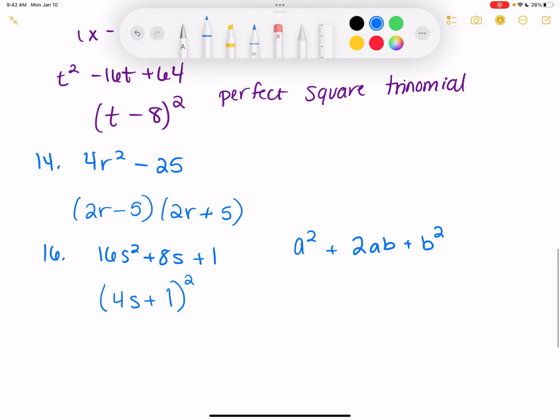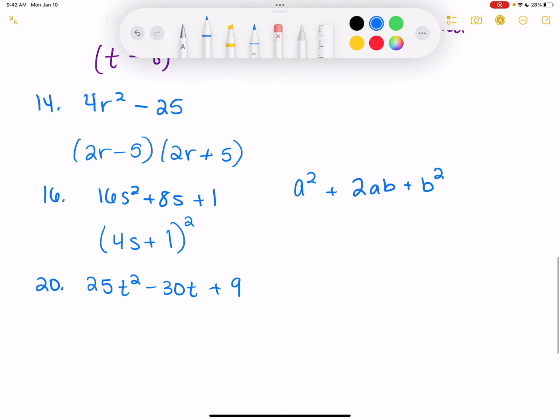All right, do one more of the special ones. 20, special. 25t squared minus 30t plus 9. And if it helps you, you can rewrite these as what is being squared.